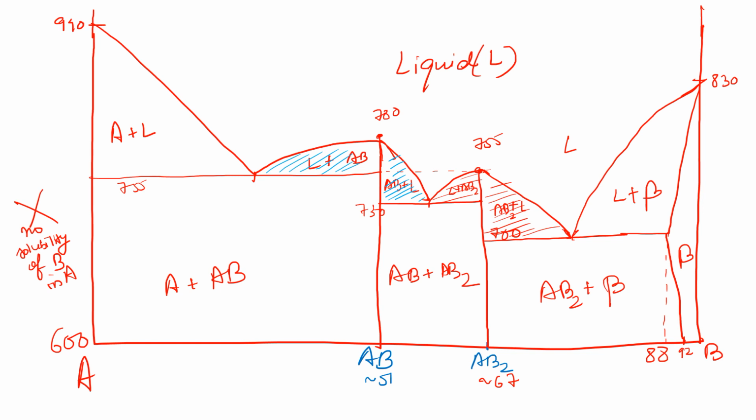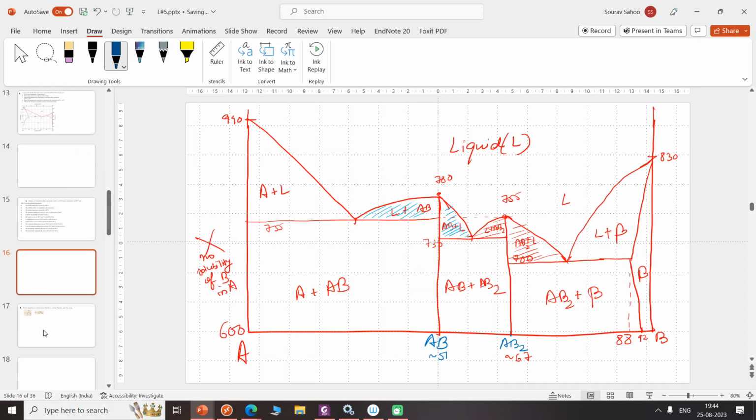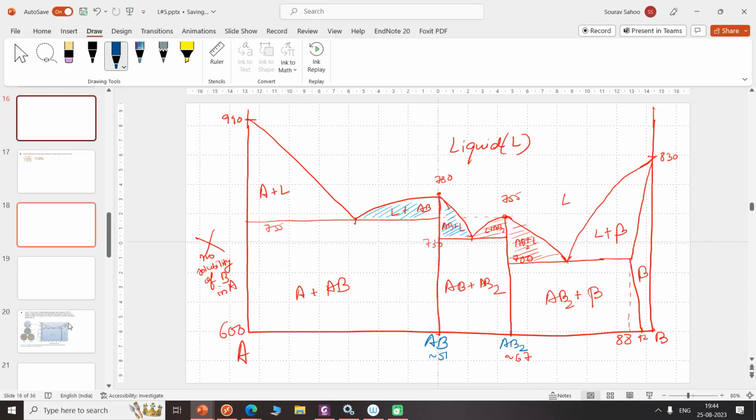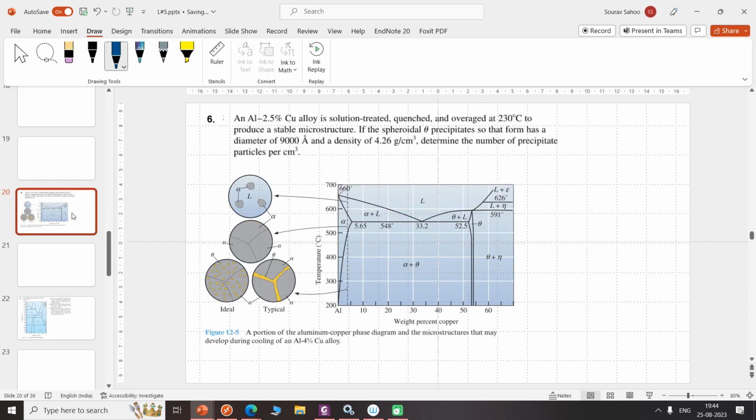Now we'll move on and see another phase diagram question. The next question asks that we have a phase diagram, this one.